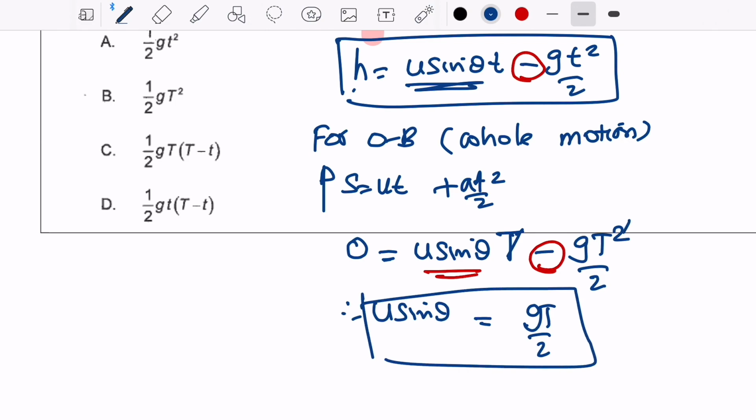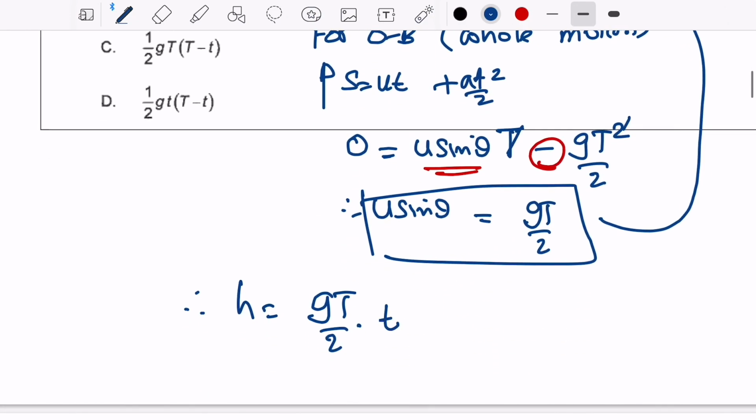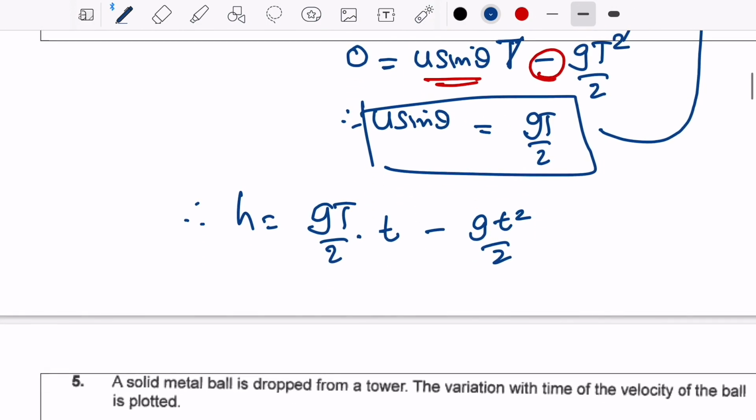Now my job is only to apply this here. So h equals u sine theta, g T over 2, times small t, minus g t squared over 2. So h equals g t over 2 is common, so this becomes (T minus t).